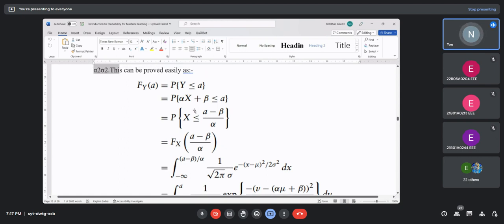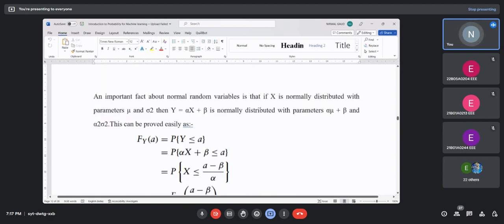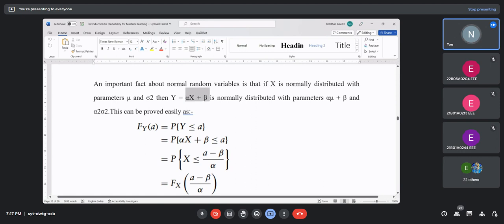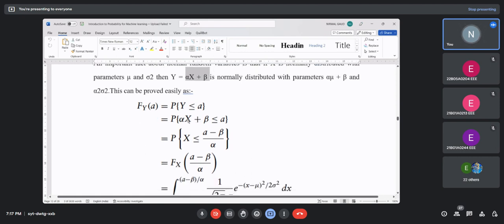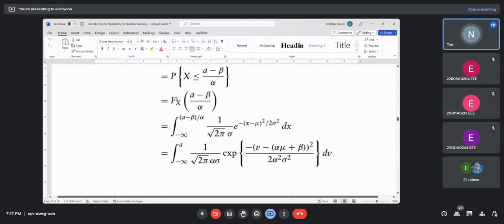In simple terms, this is the function I have defined: P(y less than or equal to a). I put the value of y here, alpha x plus beta, did some simple maths, and this is my function. I put this value of the function here in the integration, and that's it. This is how I'm performing the calculation.